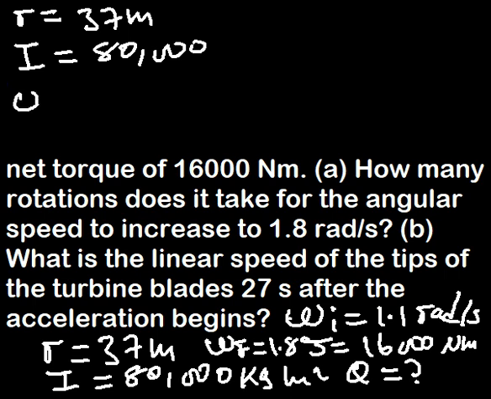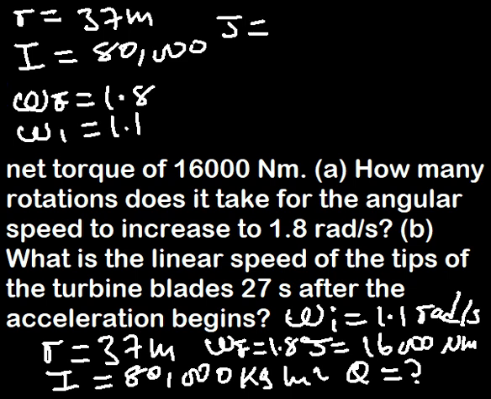We have the final angular speed, which is given as 1.8, and the initial, which is given as 1.1, and also a torque which is given as 16,000. We are looking for the angular displacement in terms of revolutions.